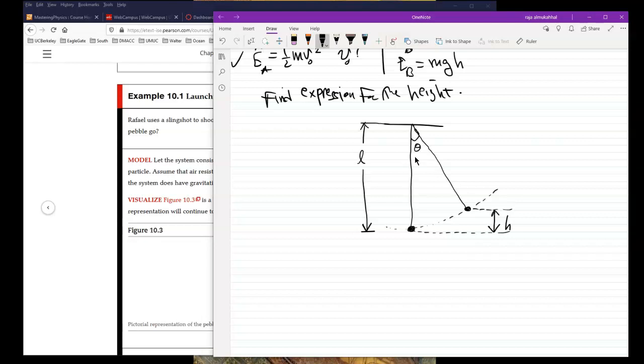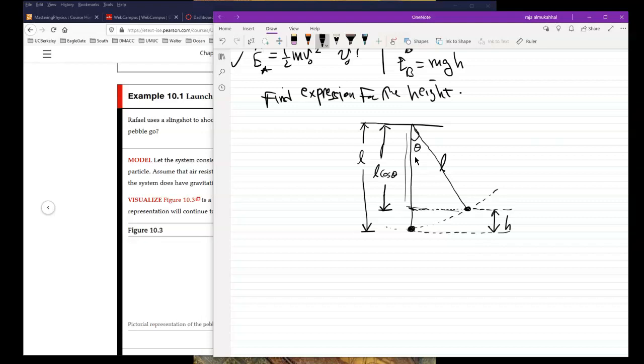Okay. Now look at this. I'm going to make a little trick. Look, if I make a triangle here, so I've got this triangle right here. What is this length from here to here? What would that be equal to? Well, if this is L, it's going to be L cosine theta, right? You agree with me?